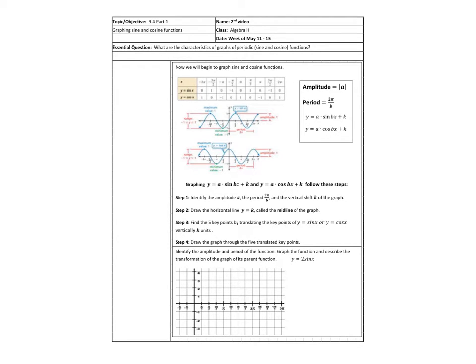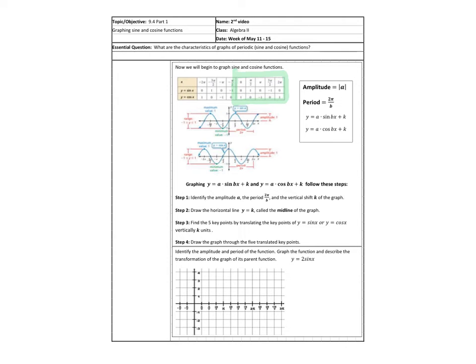The angle measures are 0, pi over 2, pi, 3 pi over 2, and 2 pi. Those are on the x and y axes, where the circle intersects the axes. This table shows those 5 key points for sine and for cosine. We always use those 5 key points, and then we just translate everything.